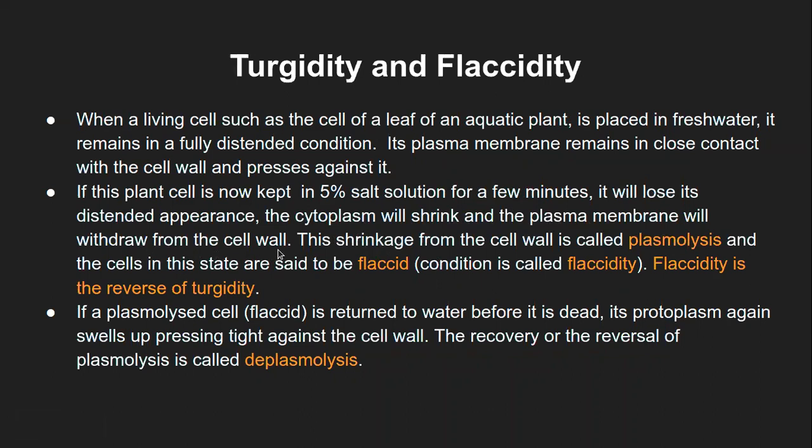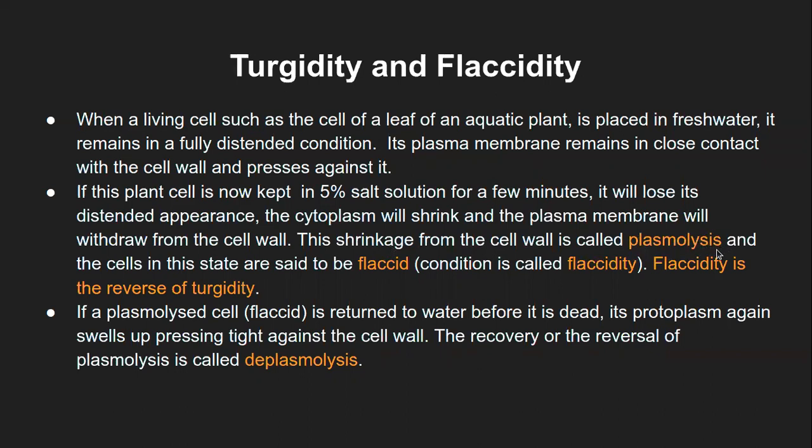So earlier when turgidity was established, the plasma membrane was pressing on the cell wall from all sides. Now once we put the same cell in the 5% salt solution, the plasma membrane will withdraw itself from the cell wall and start shrinking towards the cell content. This shrinkage from the cell wall is called plasmolysis. Plasmo refers to the plasma membrane.